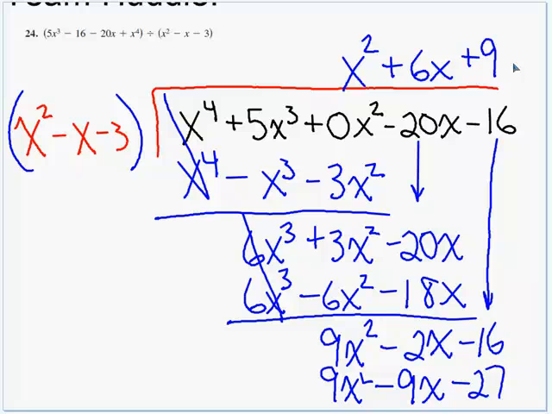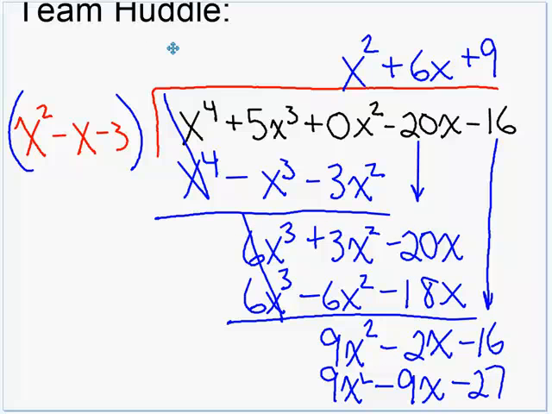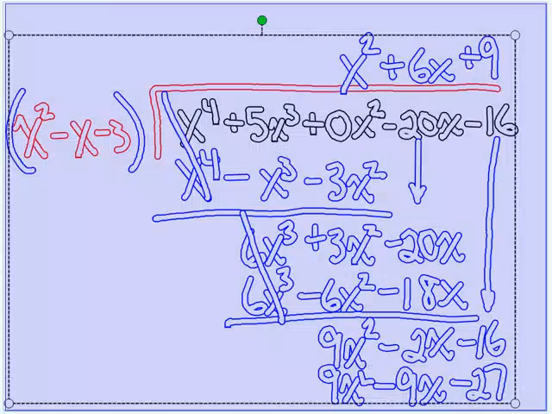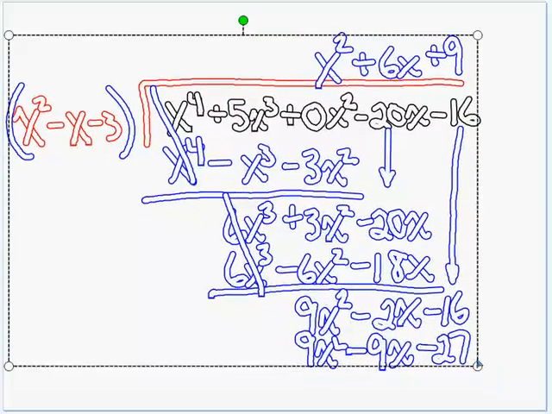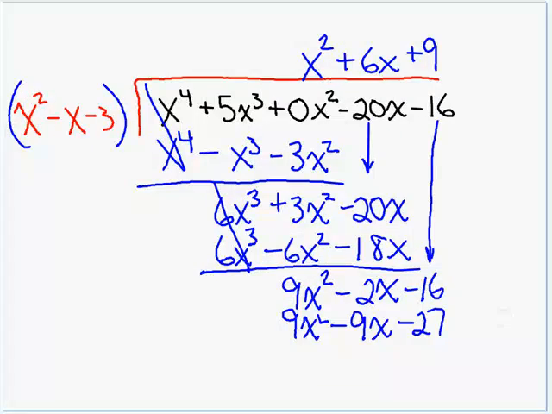Okay, and let's see if I can pull this off. I just got to shrink that a little bit without really losing anything. And it might be doable. Look at that. All right, subtract. 9x squared, nothing. Minus 2 minus a negative 9 is going to turn that to a plus, and that will become a 7x.